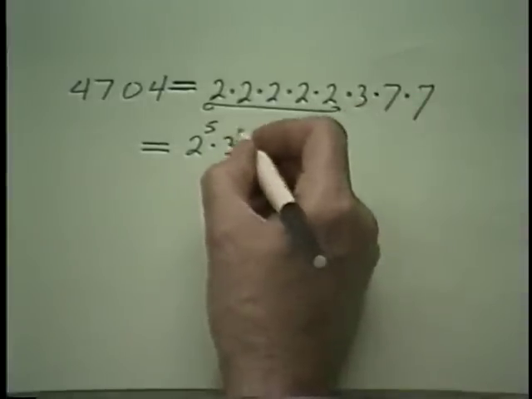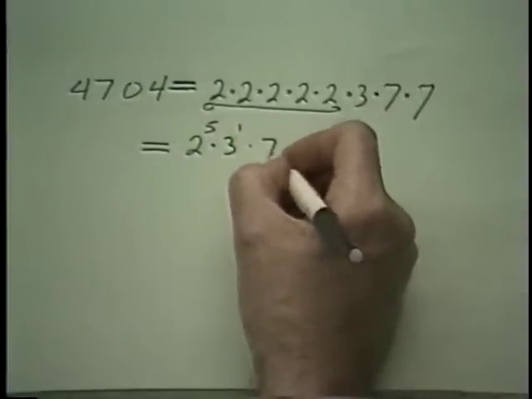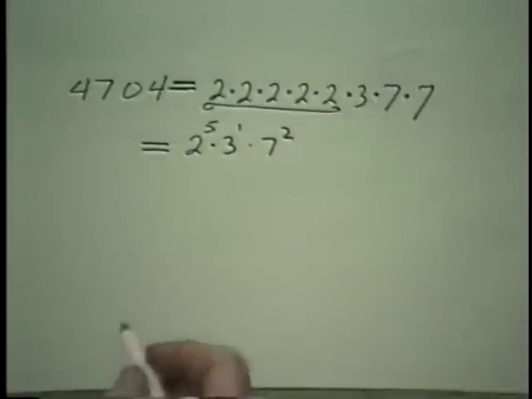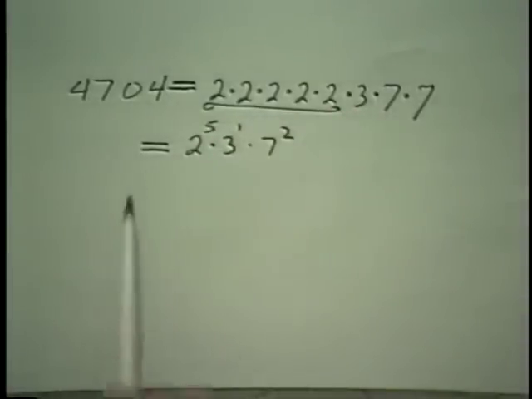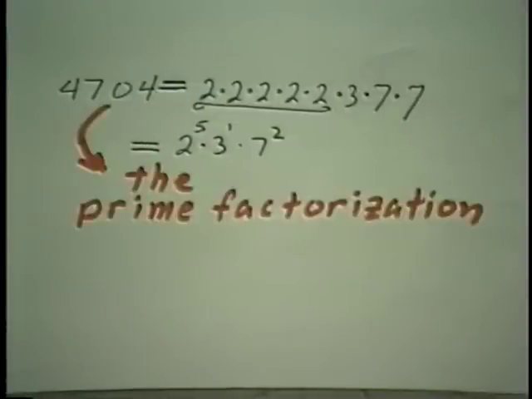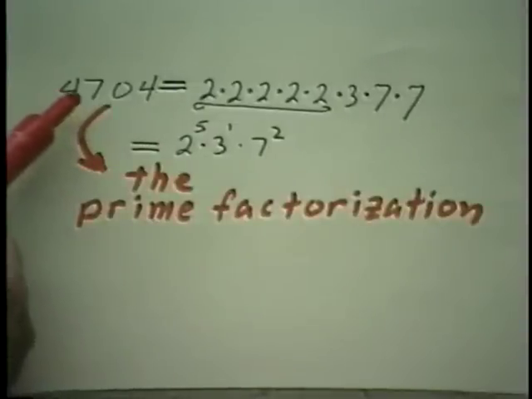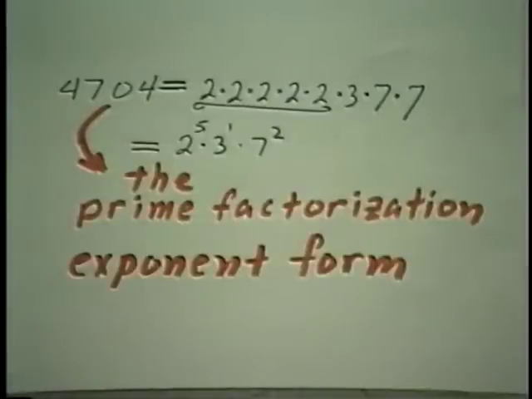Only 1, 3, and 7 is a factor twice. So this form of writing this number we call the prime factorization of our number in exponent form. A very important process for those of you who will continue in your mathematics.